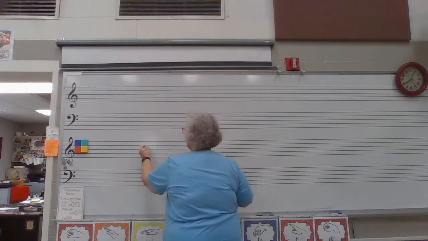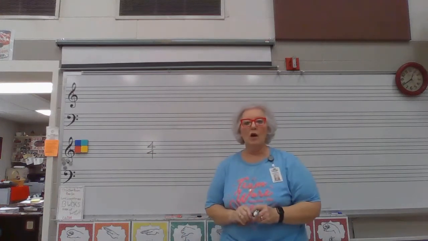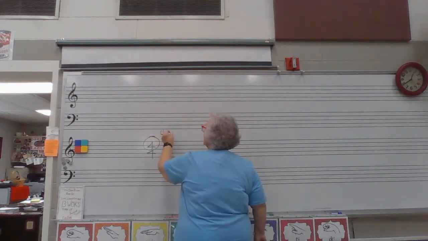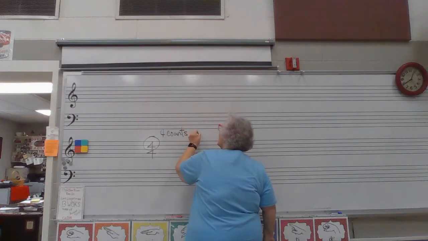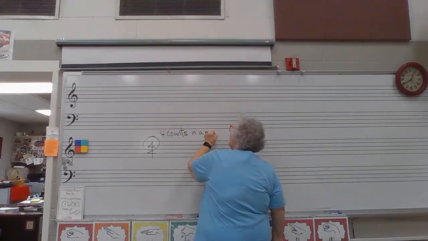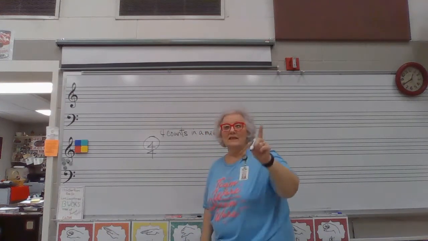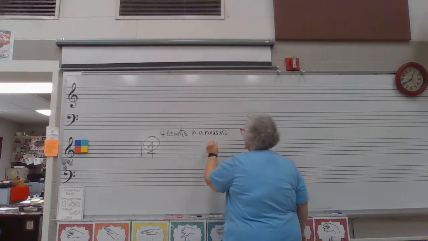So here we have, let's say, 4 over 4. We know when we see that we've got 4 counts in a measure. And by the way, what's a measure? Can anybody tell me? Awesome. The distance between 2 bar lines. Bar line, bar line.